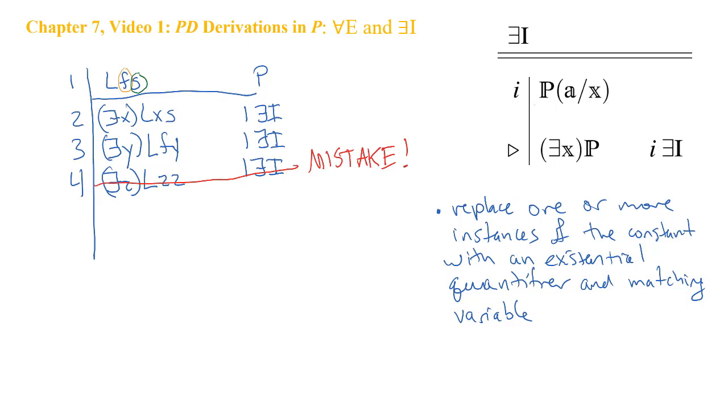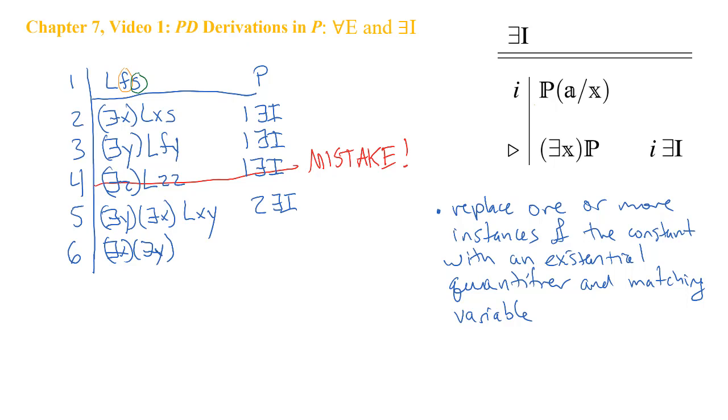Now, like before, given that lines 2 and 3 here still contain a constant, we could add an additional quantifier. So from line 2 that says someone loves Susie, we can get someone loves someone. That would be 2 existential introduction. And we can get a similar formula, not exactly the same syntactically speaking, from line 3.